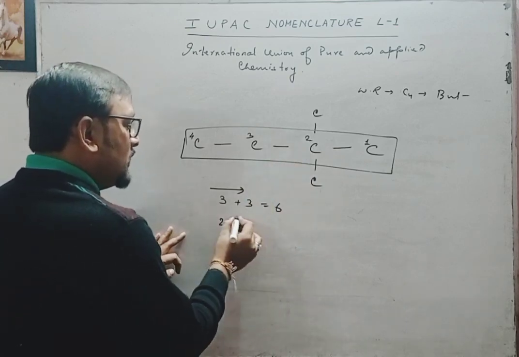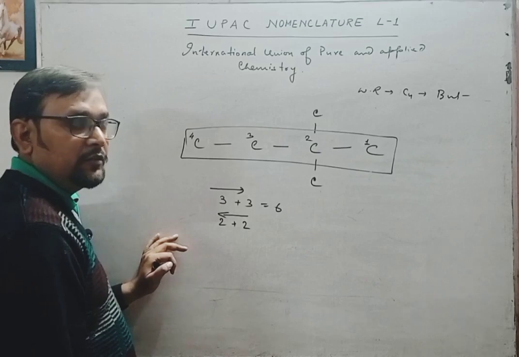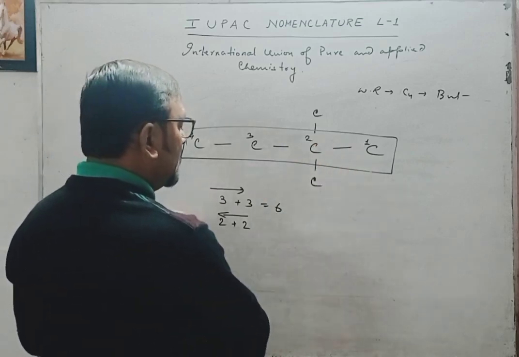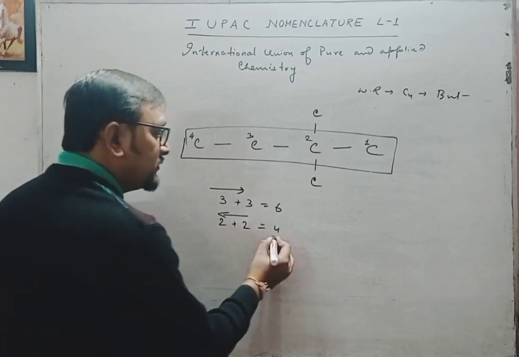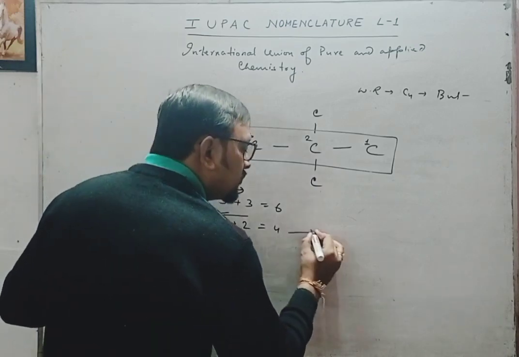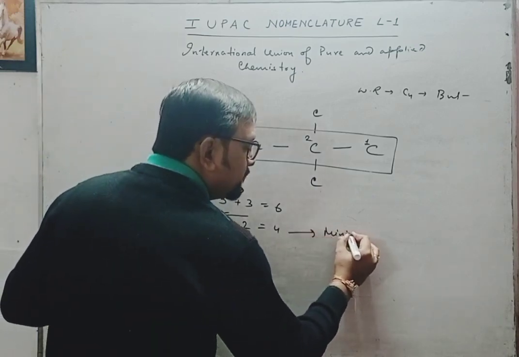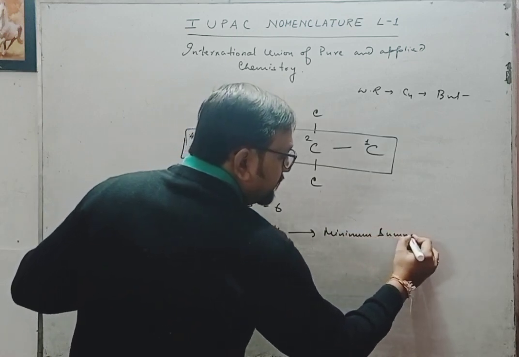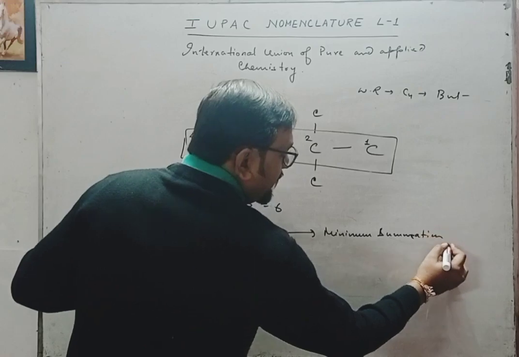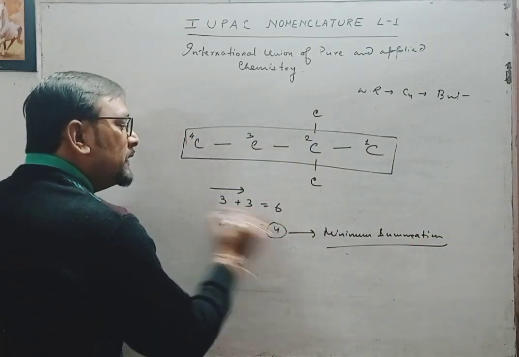So if I am moving in this direction, that means from the right to left direction, then I am getting 4 as the summation. Always go for the minimum summation. That means you have to go for the minimum value.